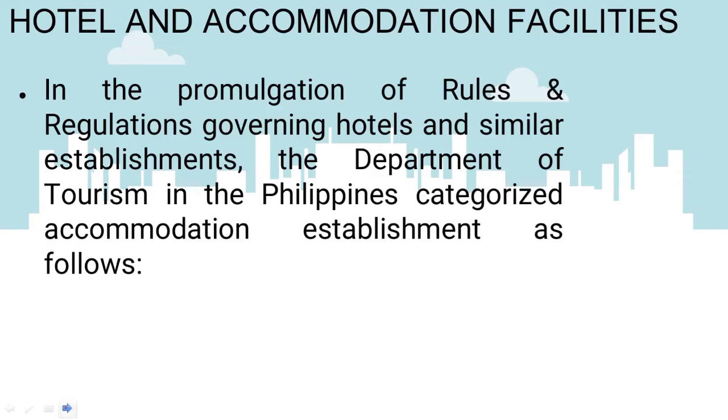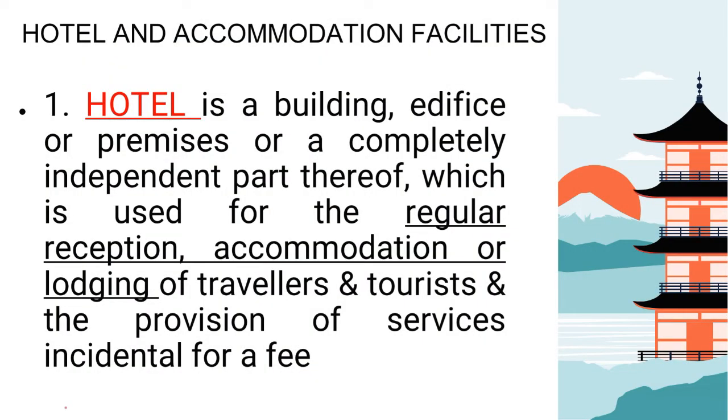So when we say accommodation, these are the places na pinupuntahan ng mga turista in order for them to stay for a short term or even long term para sila is makapagpahinga, makatulog habang sila is nagta-travel sa isang destination. So number 1 is the hotel.